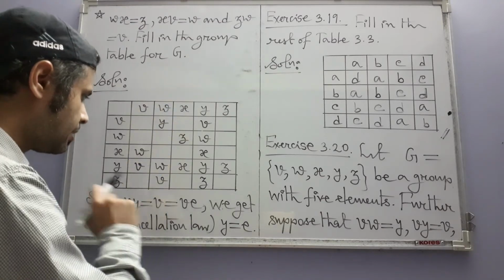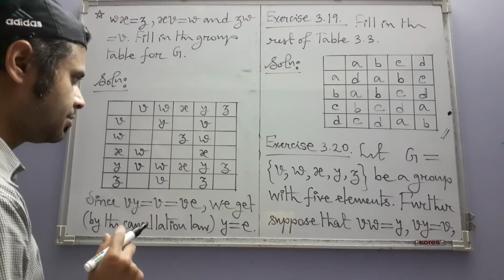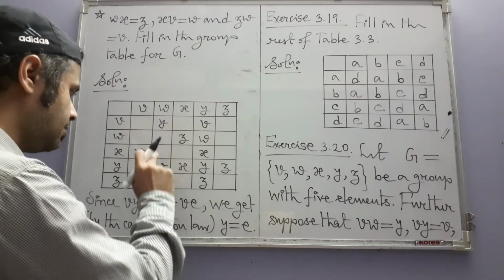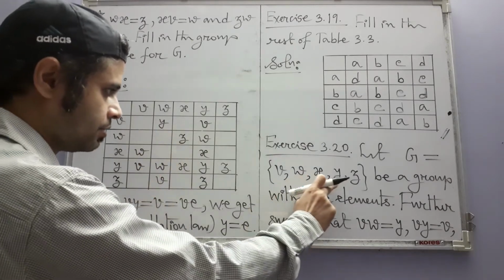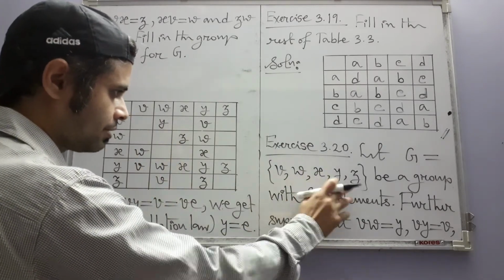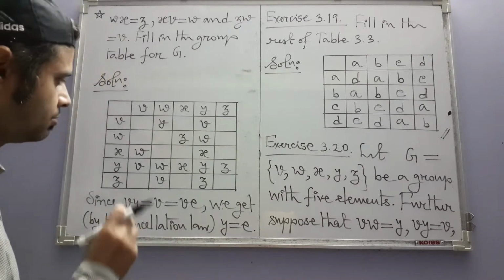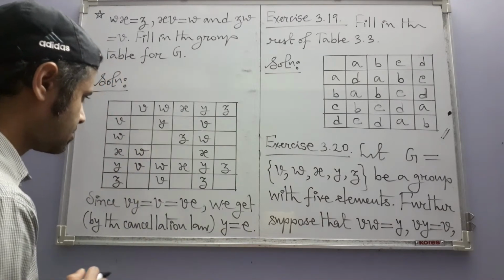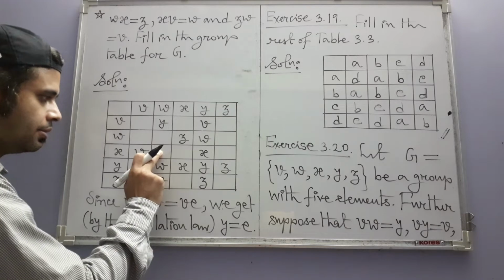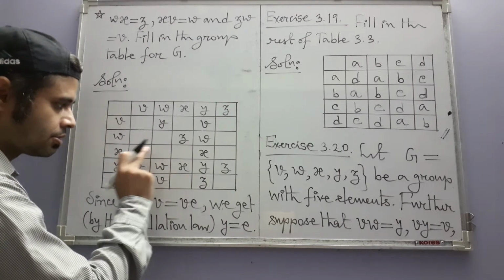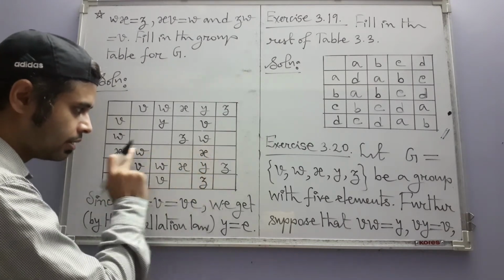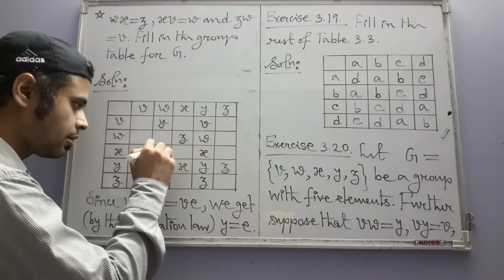So in this second column, we already have three elements, Y, W and V. So that means X and Z now need to find their proper places. So what will this be? This cannot be X because we already have one X here in this row. So this has to be Z.